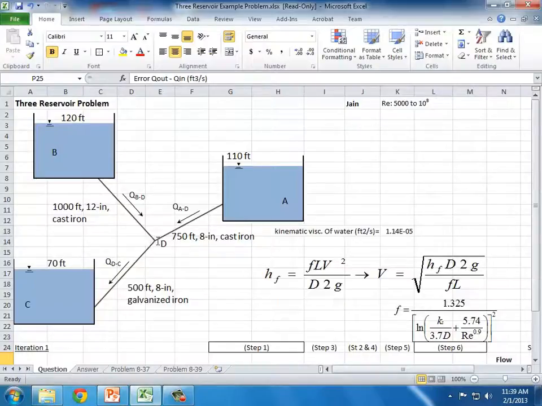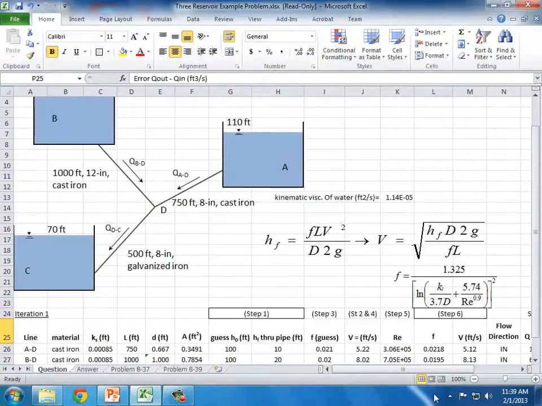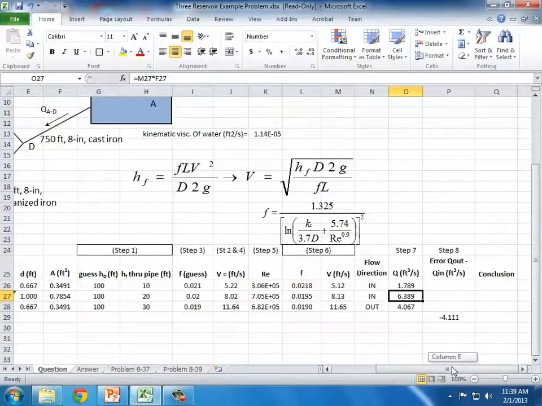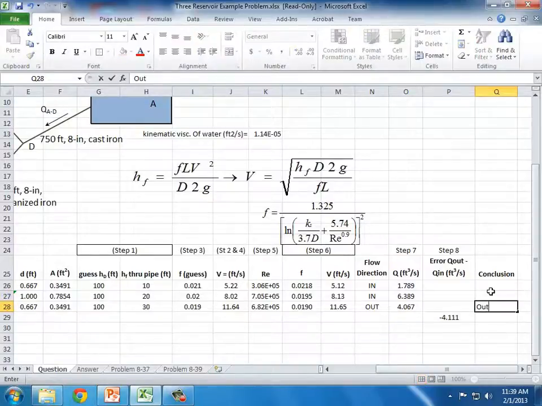We know that this guess of 100 feet is too low because the flow rates that are consequential of that energy level told us that the flow out would only be 4 cubic feet, but the flow in is about 8 cubic feet. So we're off by 4 cubic feet per second. The conclusion here is: out is less than in, must raise guess of HD.